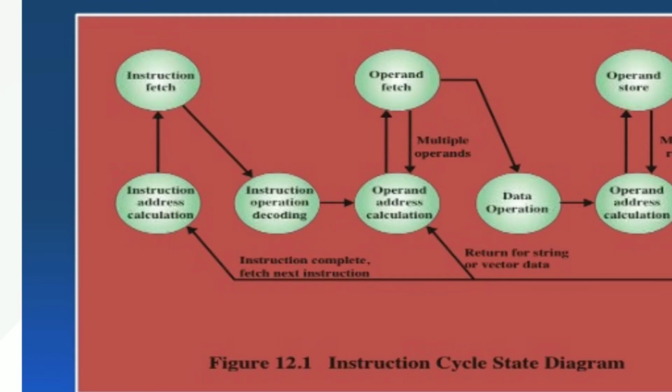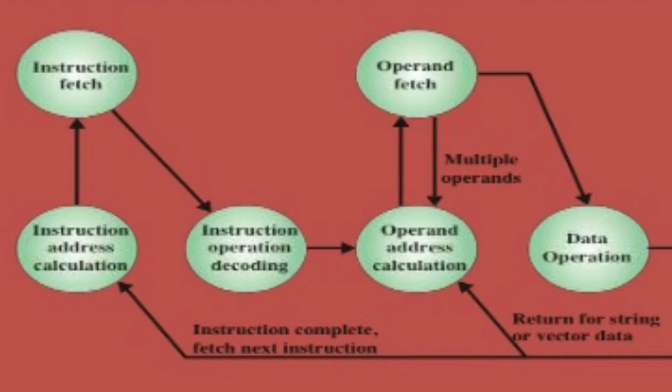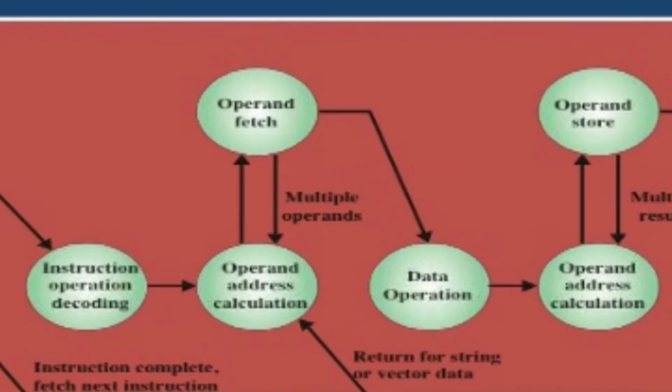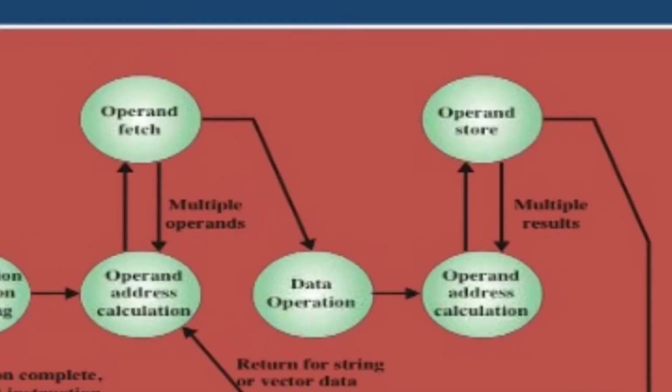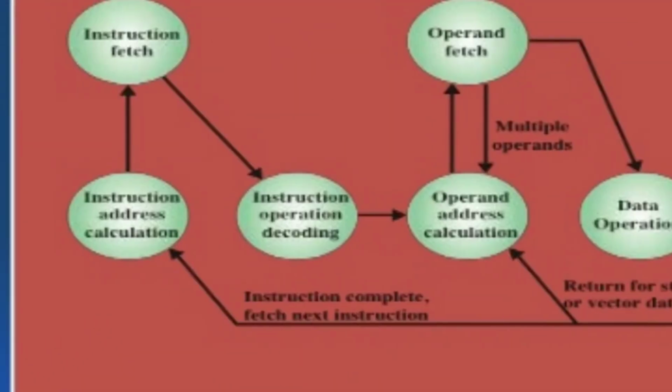After that comes the operand fetch and data operation. When the operand is fetched, the data operation will happen, and after that the operand address calculation and operand store. This is the actual step-by-step process in the instruction cycle.